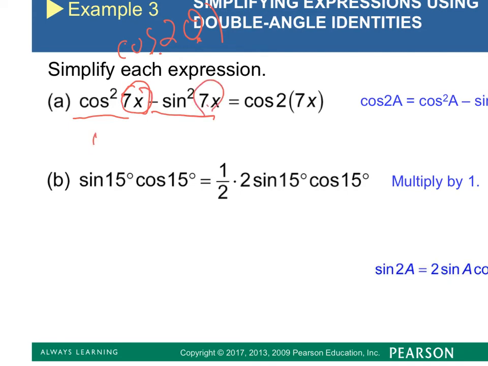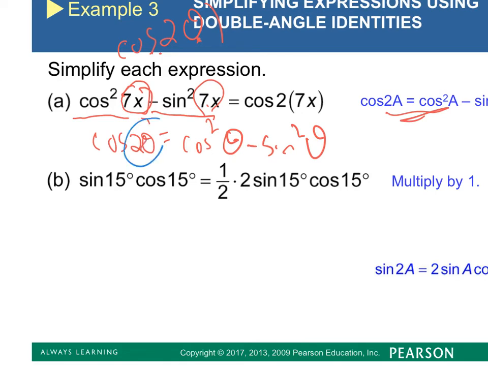Because if cosine of 2 theta is cosine squared theta minus sine squared theta, which, by the way, I left this up here for you, this angle is double these angles.